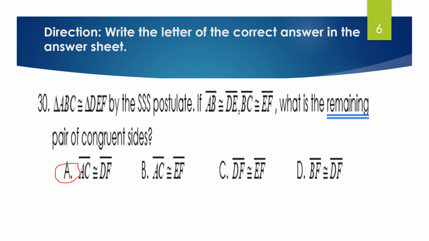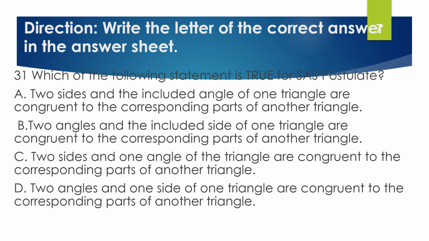All right, next. Which of the following statements is true for the SAS postulate? A, two sides and the included angle of one triangle are congruent to the corresponding parts of another triangle. B, two angles and the included side of the triangle are congruent to the corresponding parts of another triangle.